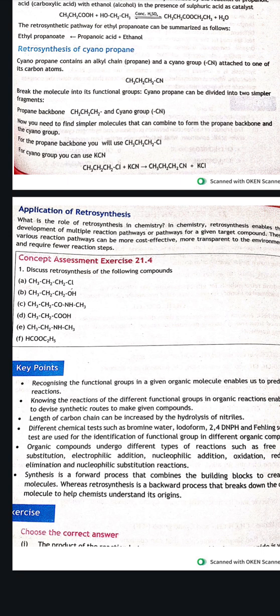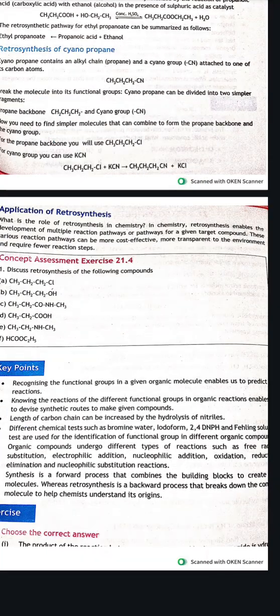For the cyano group, we can use KCN. Now we react these two reactants and we will get CH3CH2CH2CN, which is cyanopropane, plus KCl. This is how we perform retrosynthesis.